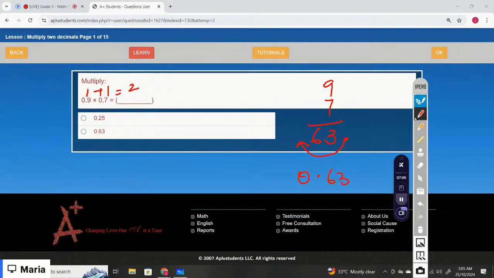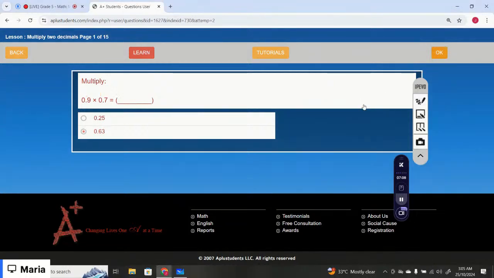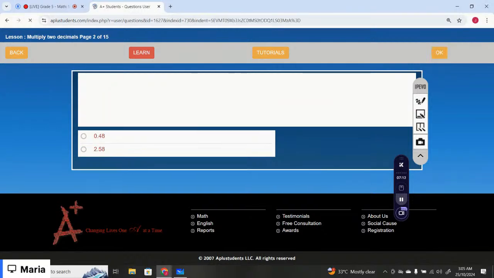Okay, so let's just move on to next one. 0.6 times 0.8. So which is the correct option?